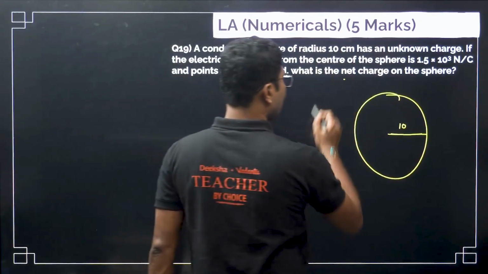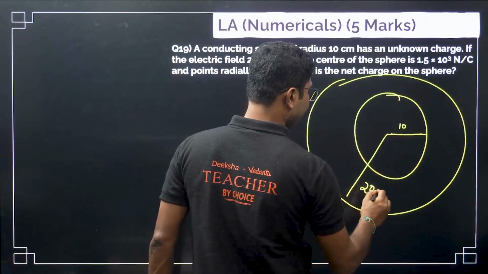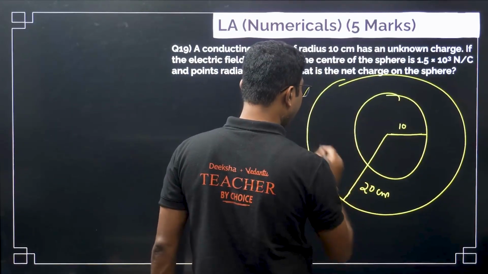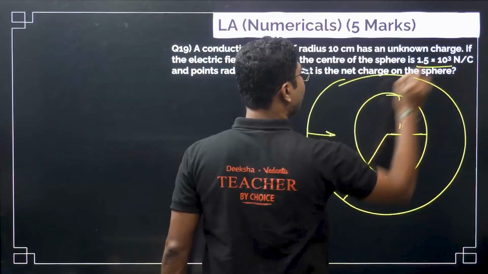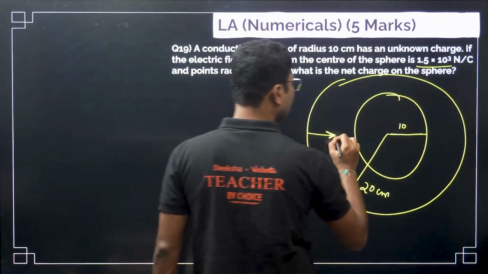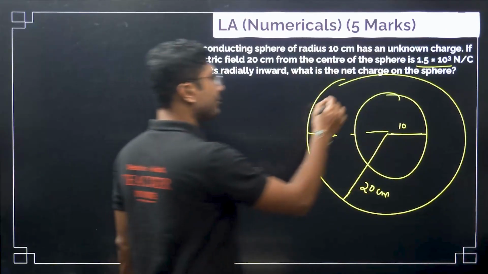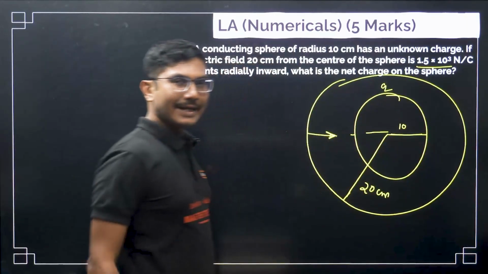So the electric field at a point 20 centimeter away is given by this magnitude and it points radially inward. Radially inward means it points towards the center of the sphere. That means obviously it is a negative charge. Q is negative. That's it.